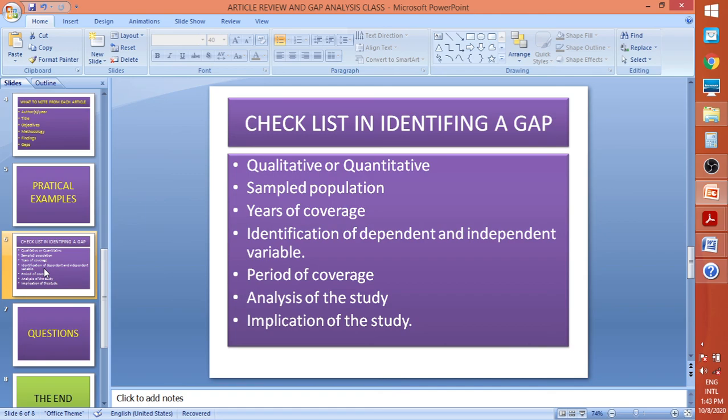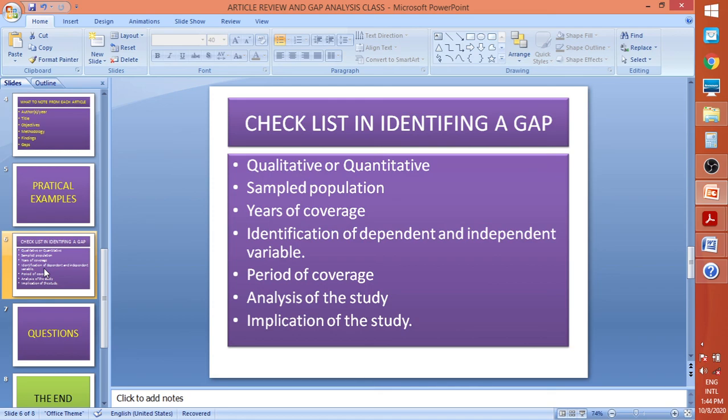The next thing is years of coverage. Years of coverage is basically open to those using secondary data. If you're using secondary data, that's where years of coverage is of essence. So if the article which you are reviewing uses secondary data, that means they use annual statements, annual reports of a firm or a company, or they use data from CBN Bulletin Statistics, World Bank, such data houses.